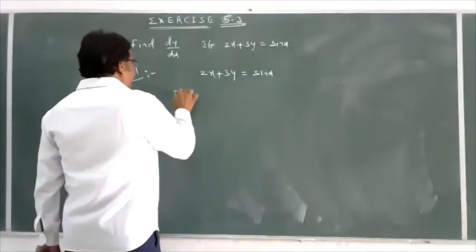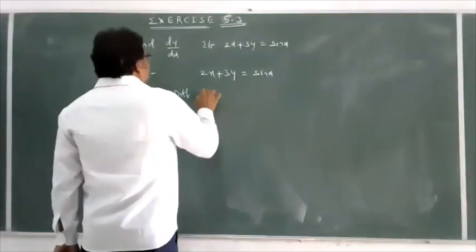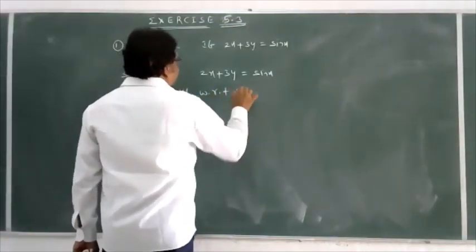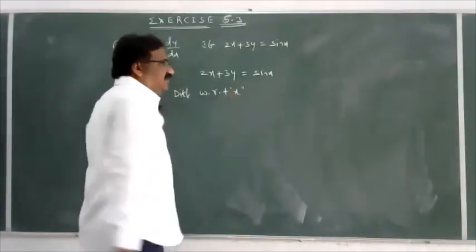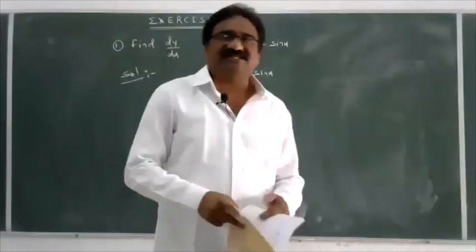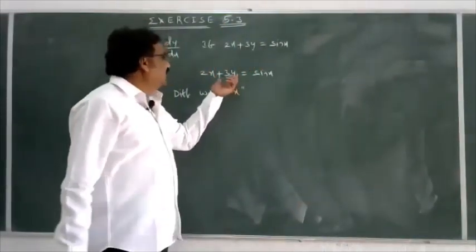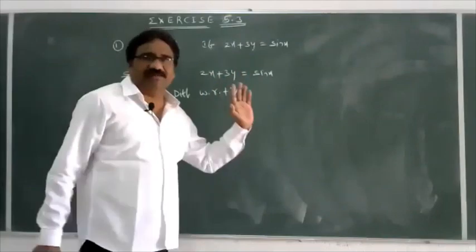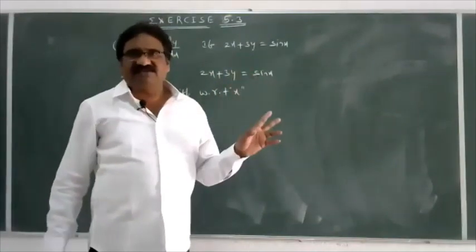So differentiating with respect to x. This is an implicit function, the given function in terms of two variables, that's why it is an implicit function.